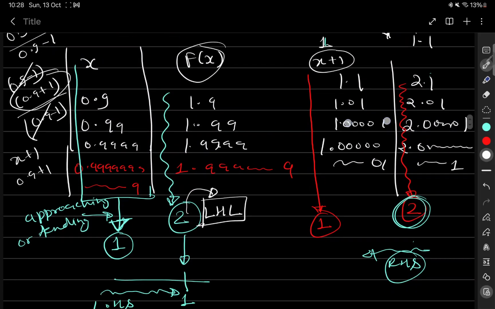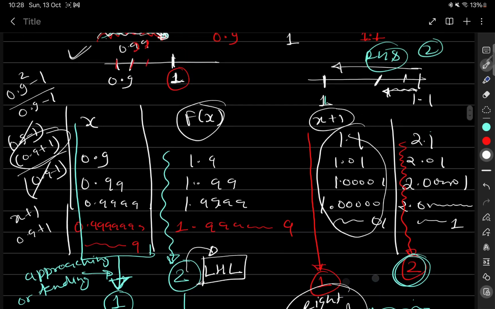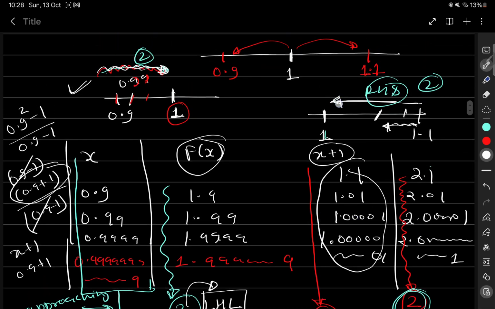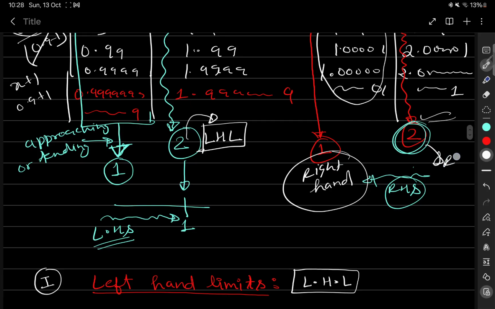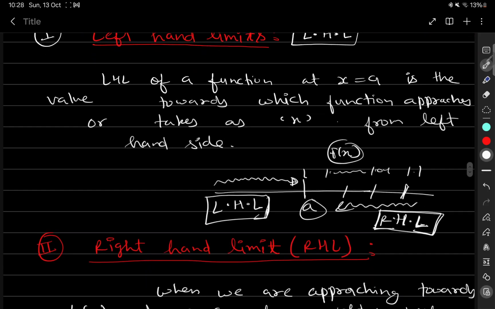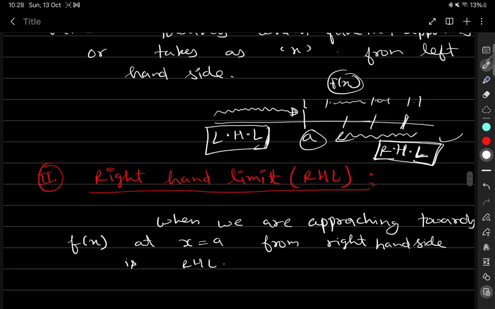When we go from the right hand side, we moved from the right hand side towards 1. Whatever function value we are getting is the right hand limit, RHL. Got it? So this is RHL.